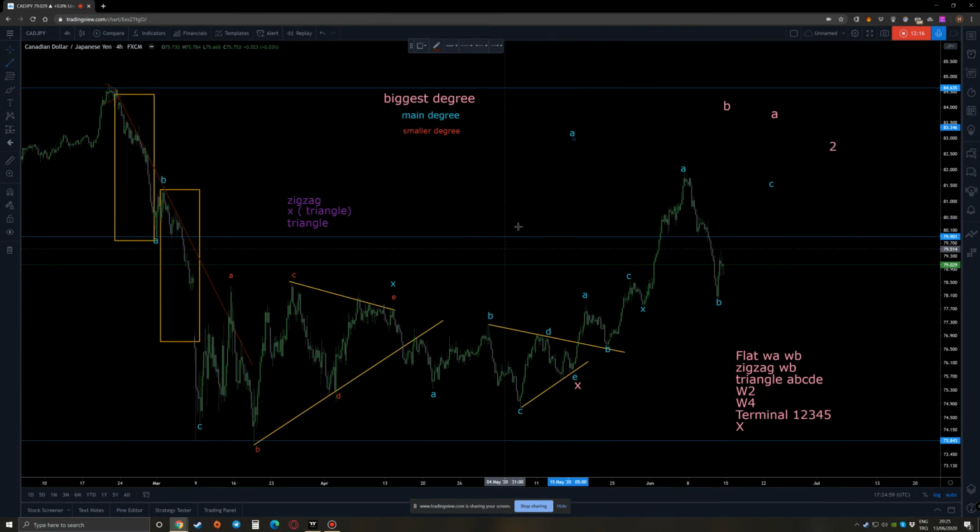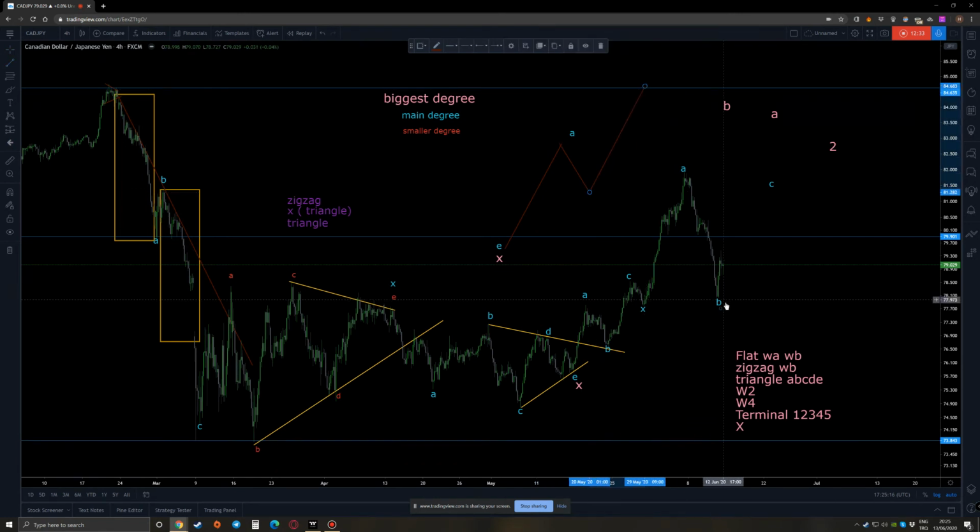Let's say we have something like this. This X wave ended here with this E, of course, and this started, and it is a zigzag, let's say. So let's draw the zigzag. We have the wave B here, and we have the wave C here.